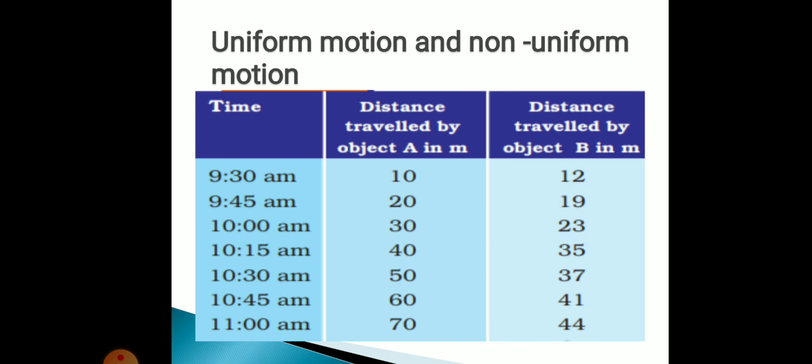Whereas if you observe the distance traveled by object B, then the distance traveled by this object B is different in a given time. For example, between 9:30 to 9:45 am, the difference between the distance, if you will see, is 7 meter. In the next 15 minutes, the difference is 4 meter. In the next 15 minutes, the difference is 12 meter.